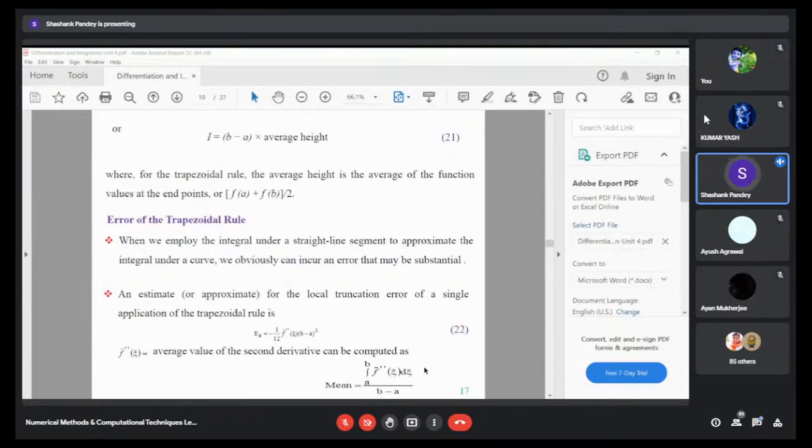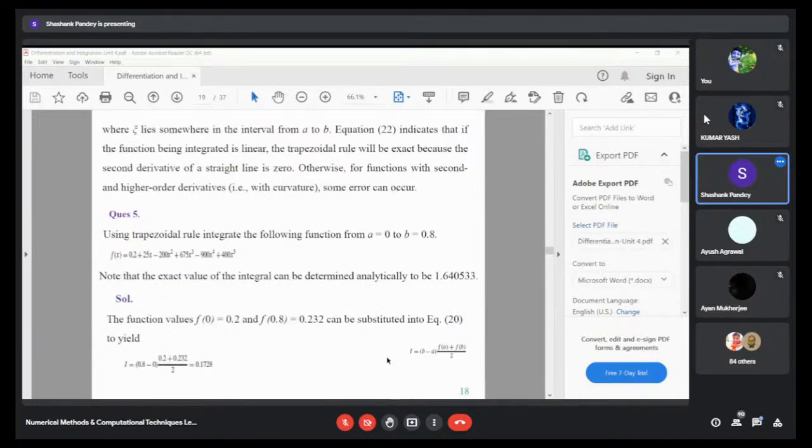It may also be a fourth derivative. So this is given by the mean value, which is again an approximate quantity. That's why we call it an approximate error, not a true error. In slide number 18, I'll read out that epsilon lies somewhere in the interval between a and b.